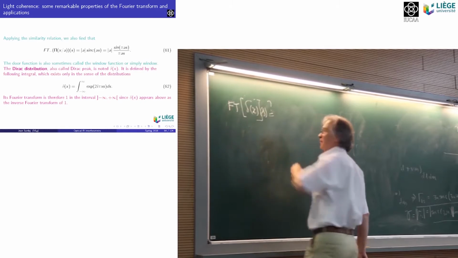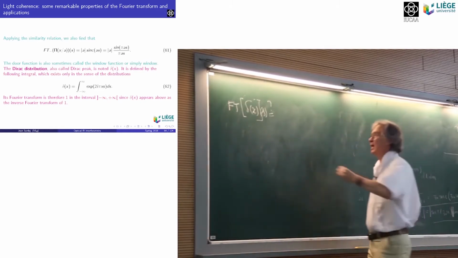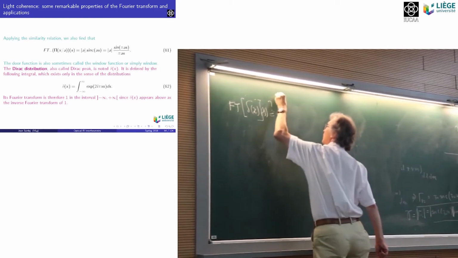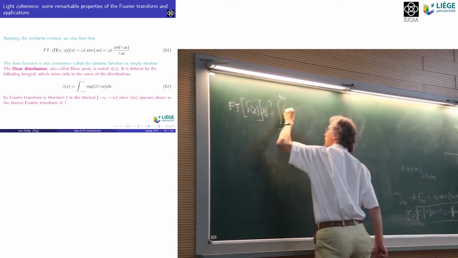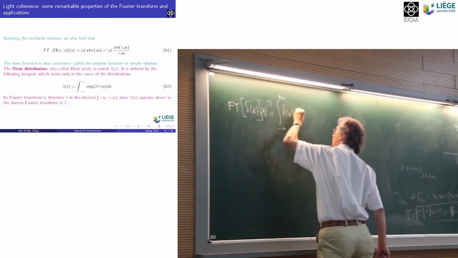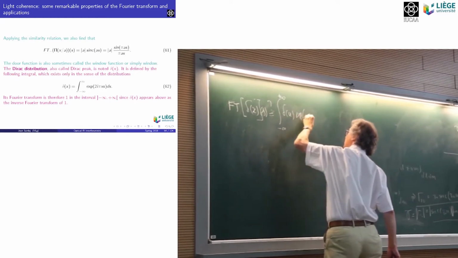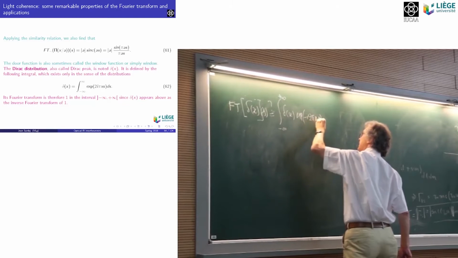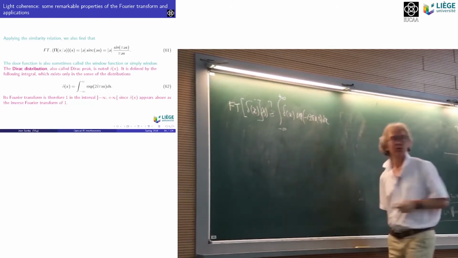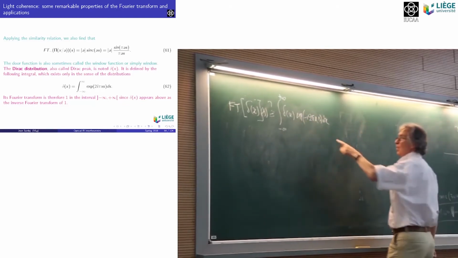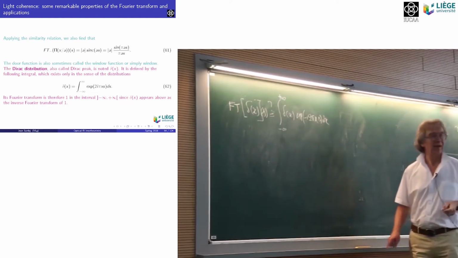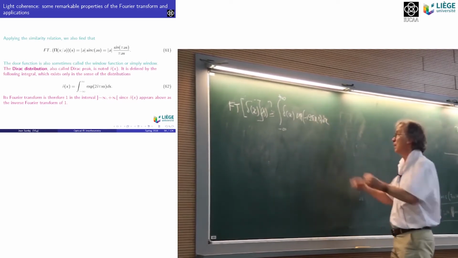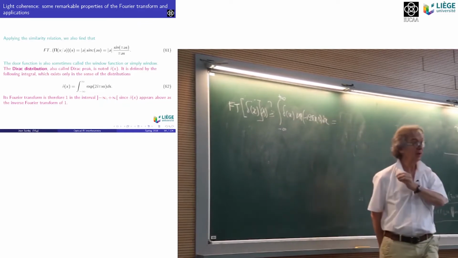This is very interesting. It is the integration from minus infinity to plus infinity of the Dirac function times the exponential of minus 2 pi i x s dx. You agree? This is easy. It is just the value of this function for x equals 0. So it's equal to how much?